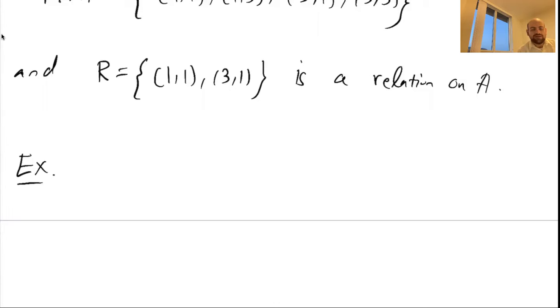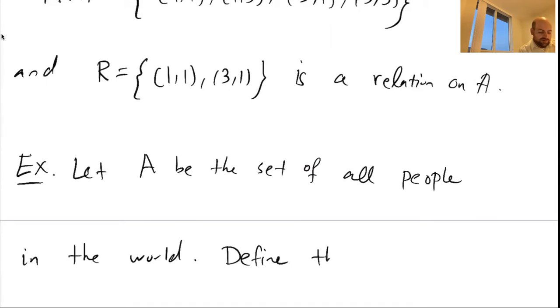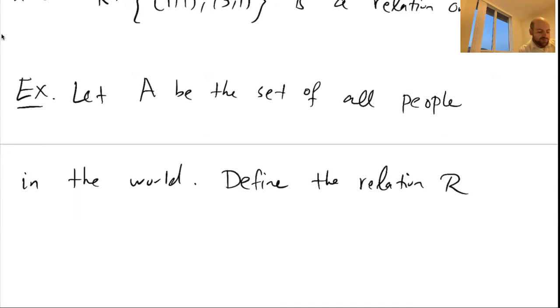Okay, let's look at another example. Let A be the set of all people in the world. Define the relation R as follows.